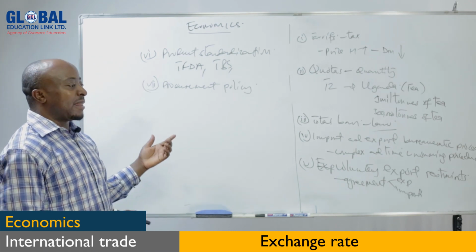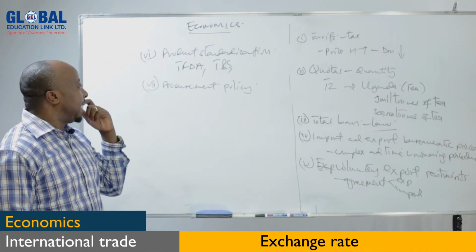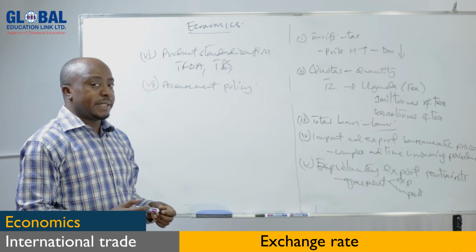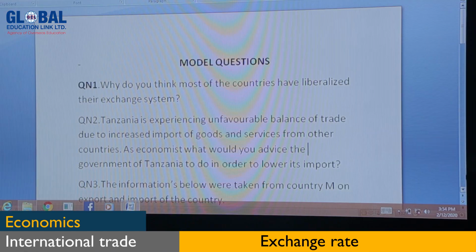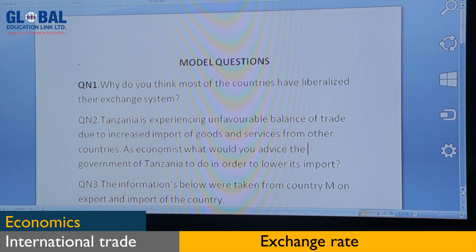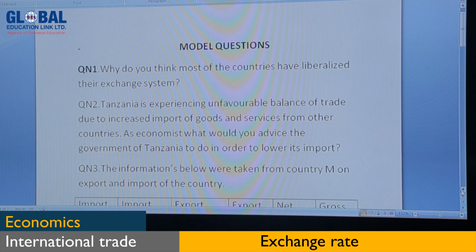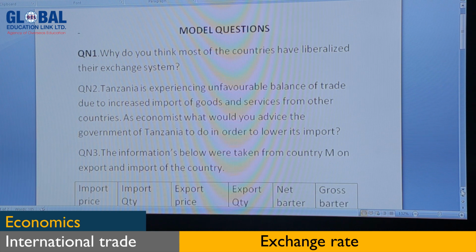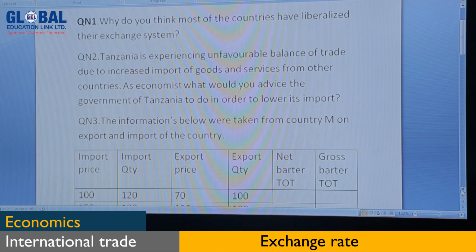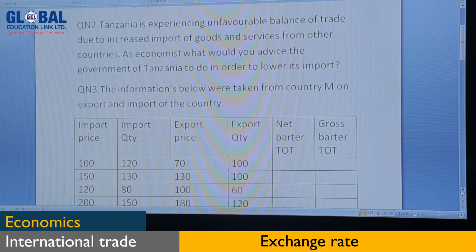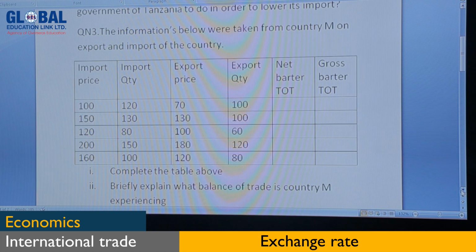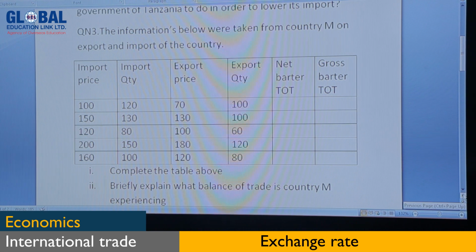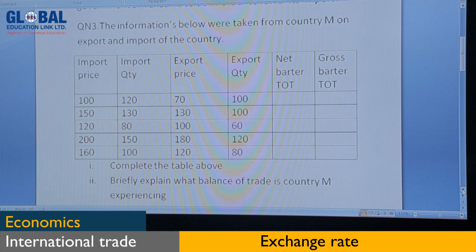Now we go to question number 3, which I said will be a homework. Question number 3 will be used as homework. The information below was taken from country M on export and import of the country.